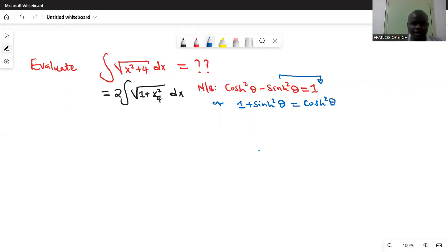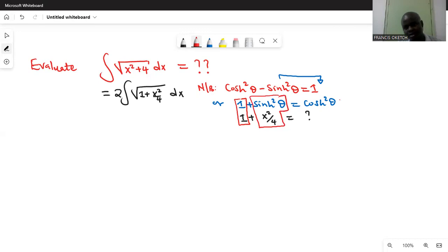So if you look at whatever is under the square root sign, we can now do the comparison. We have 1 plus x squared over 4 is equal to something. When we compare the left-hand side, we have 1 and 1, those are the same thing. So we can say that x squared over 4 is the same as sine hyperbolic squared of theta.